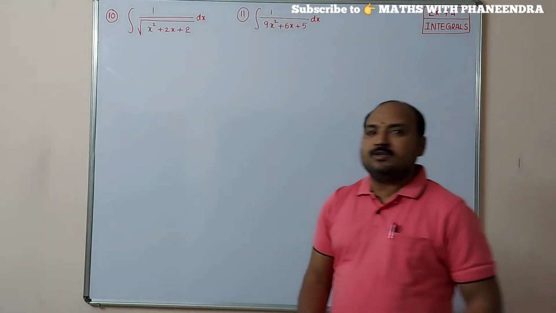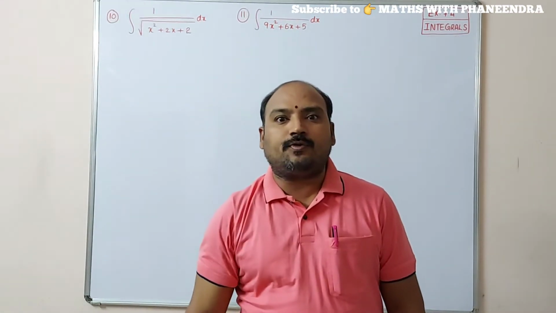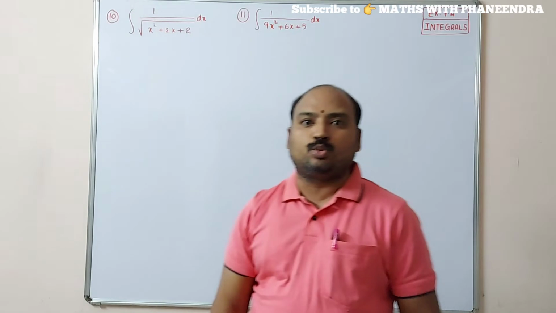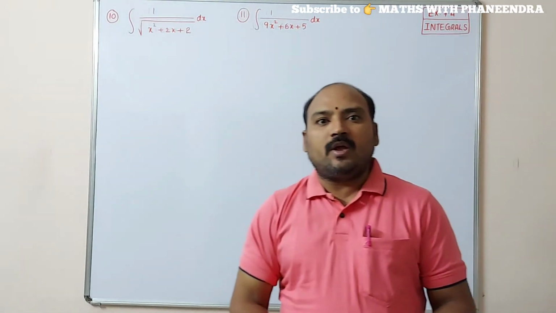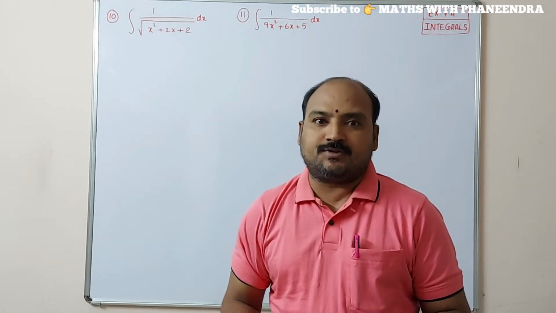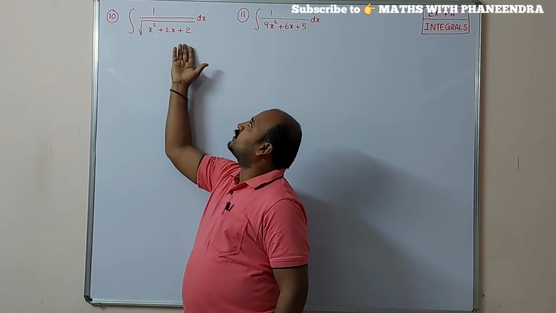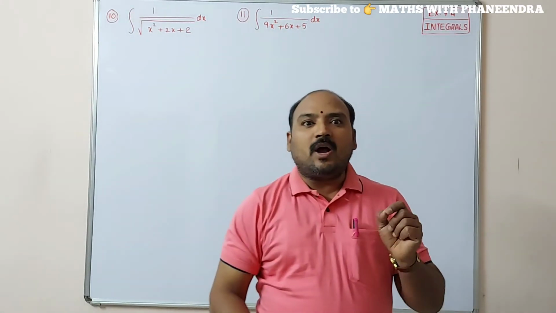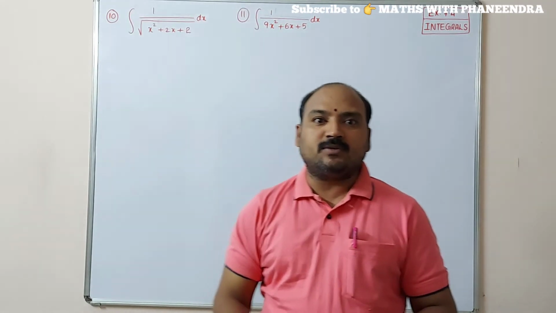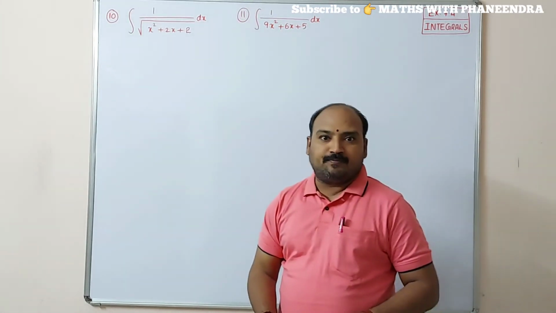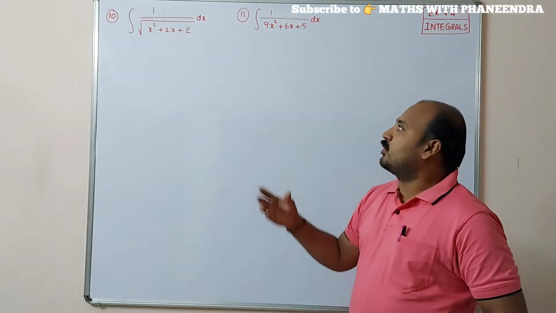The next question, dear students. Integral 1 by square root of x square plus 2x plus 2 into dx. To evaluate this type of problems, the quadratic expression x square plus 2x plus 2 is handled by the completing square method, that means making it into perfect square form.